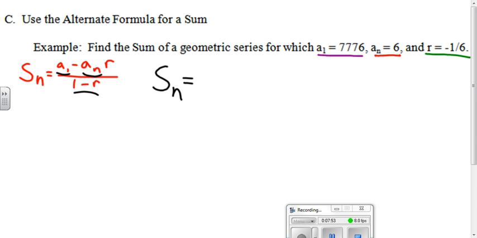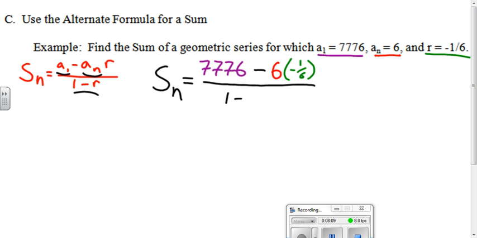So our a sub 1 is 7,776. We'd say minus our a sub n, which is 6, times our r, which is negative 1/6, all over 1 minus r, which again, r is negative 1/6.